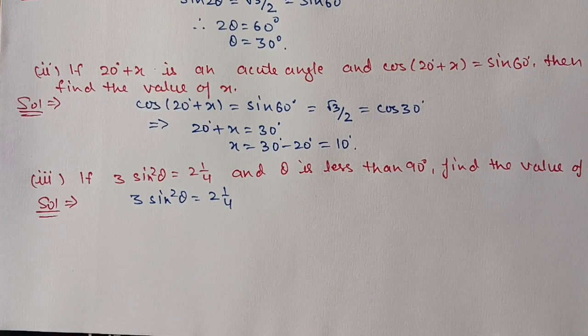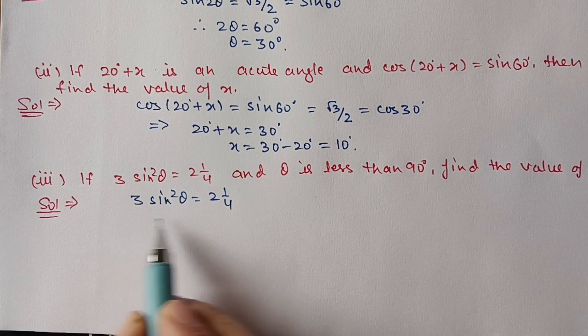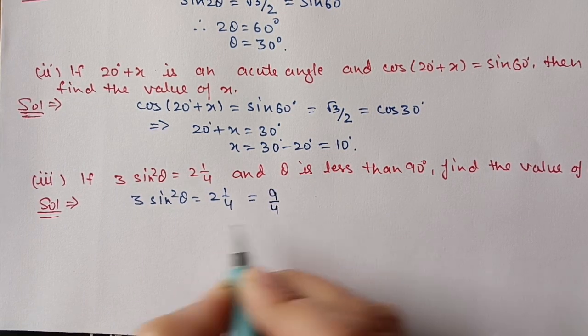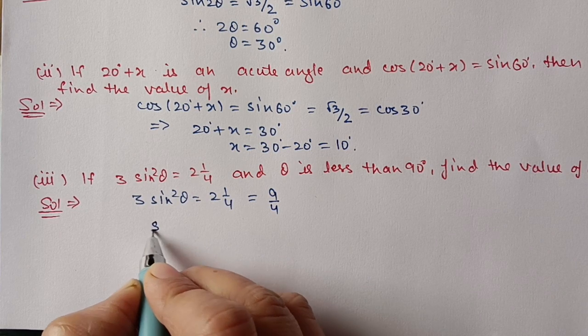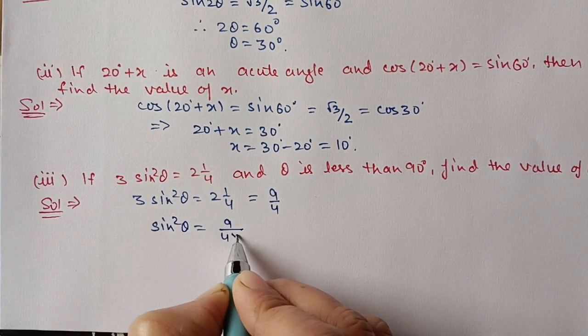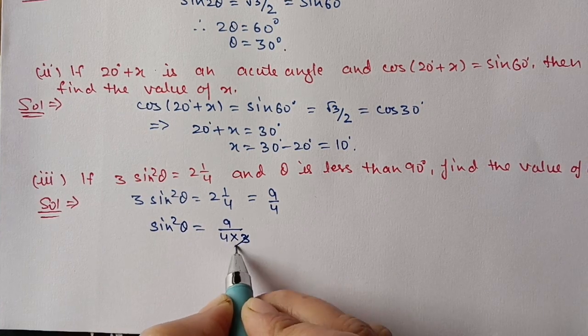Next, question number 11, third part. If 3 sin square theta is equal to 2 whole number 1 by 4 and theta is less than 90 degree, then find the value of theta. So we'll start from this 2 whole number 1 by 4. We can write 9 by 4. Shift this 3 to the other side. So sin square theta is equal to 9 upon 4, and this 3 will come in denominator.